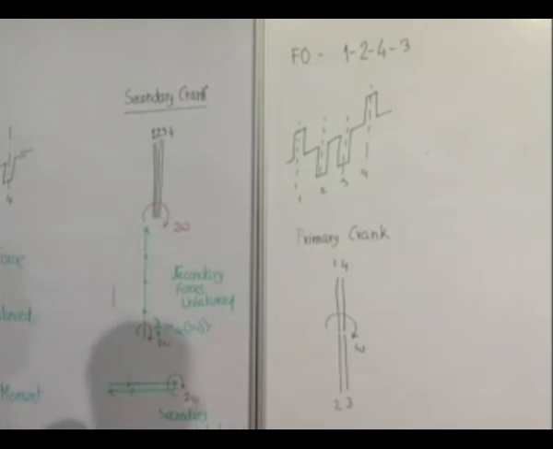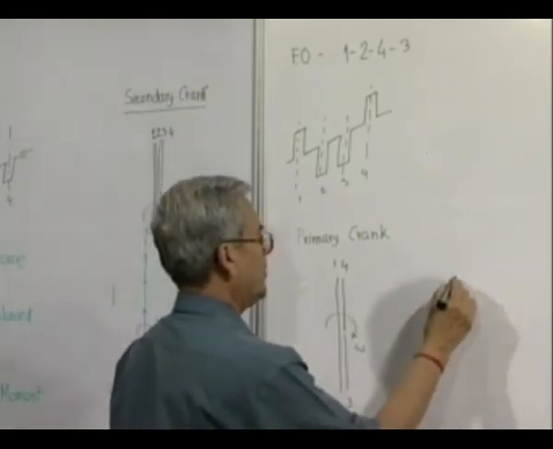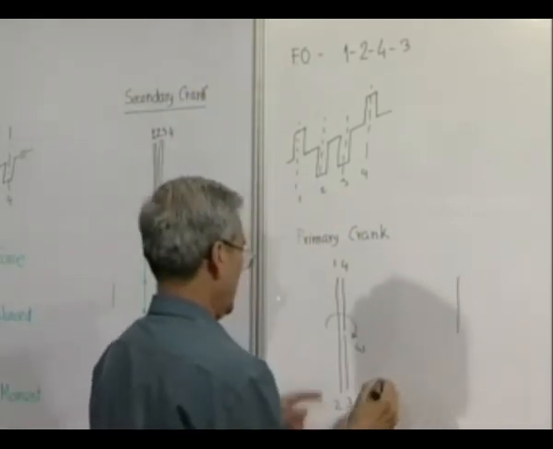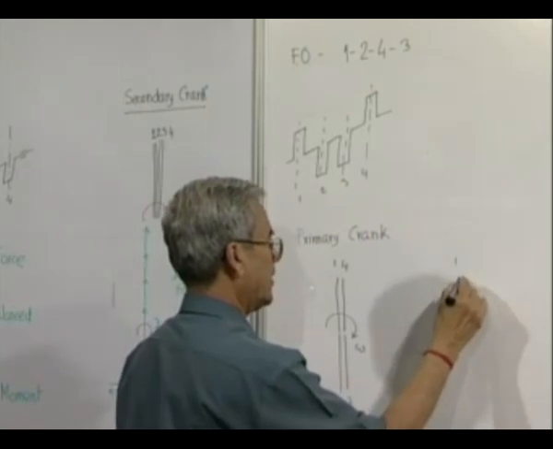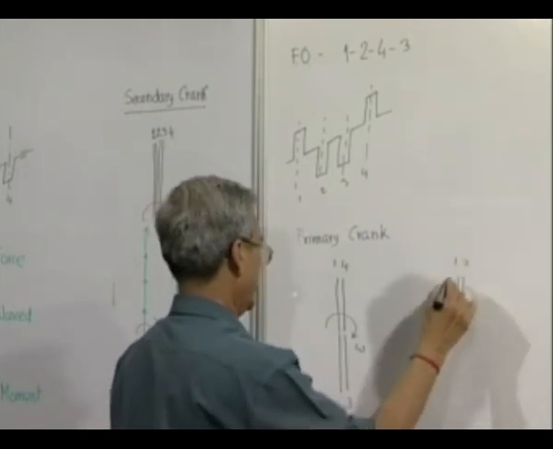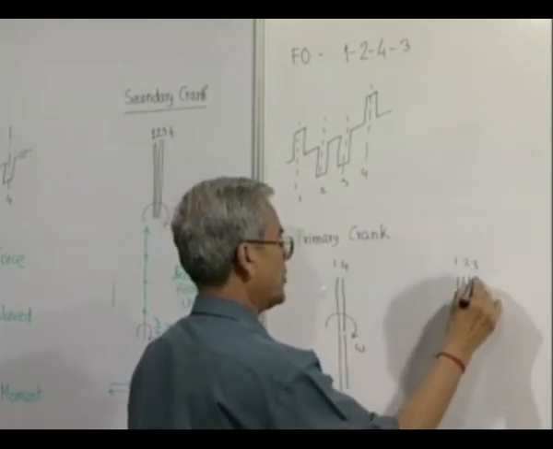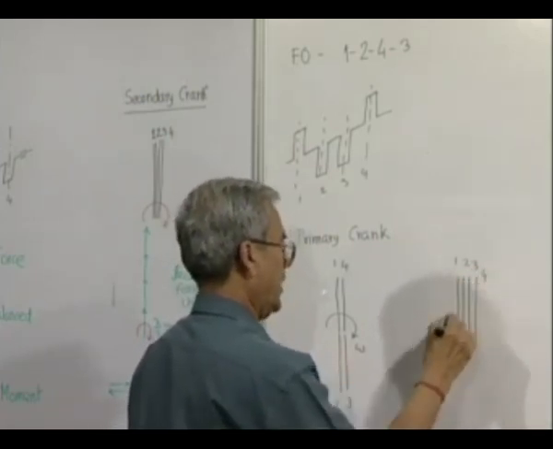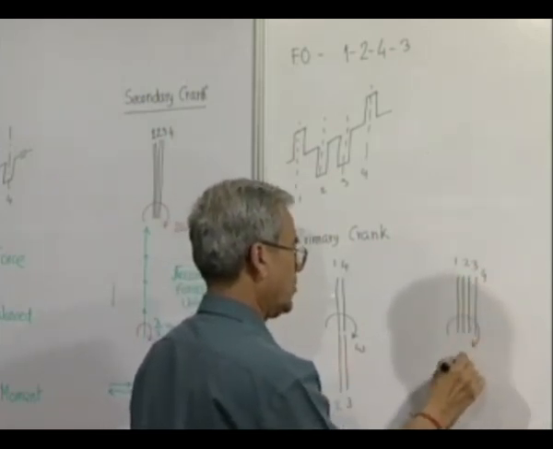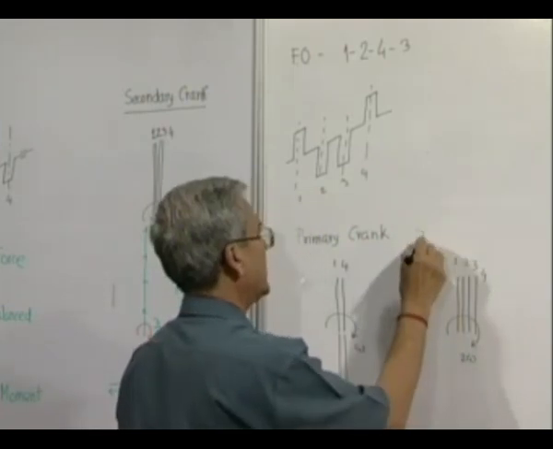And secondary crank, 1 will be here itself, 2 will be also here, 3 will be also here, 4 will be also here, and the whole thing is rotating at 2 omega. This is the secondary crank.